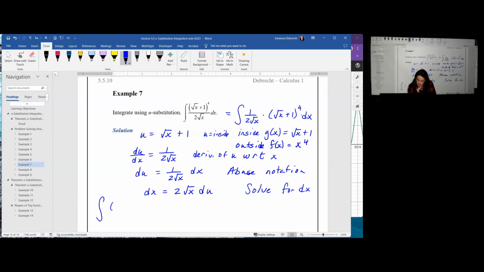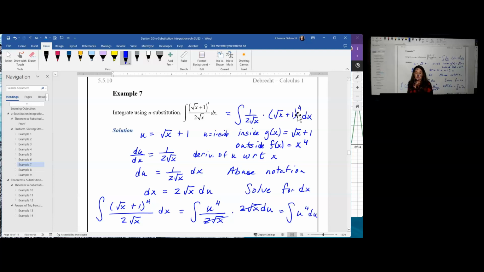I replace the inside function with u, and I'm going to replace the 1 over 2 the square root of x dx. Well, actually just the dx. In this case, I get the integral of u to the 4th divided by 2 square root of x times dx, which is 2 square root of x du. The 2 square roots of x cancel, and I get the integral of u to the 4th du.